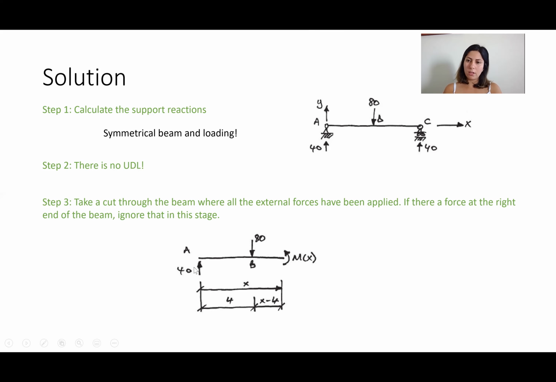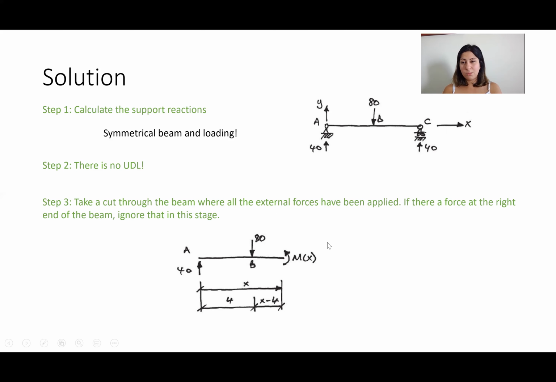The loads applied on this part of the beam are the support reaction at A, the force 80 kilonewton at B, and we have the horizontal, vertical, and the moment at J. As you can see, I didn't show the horizontal and vertical forces.